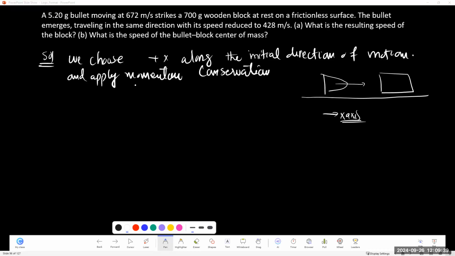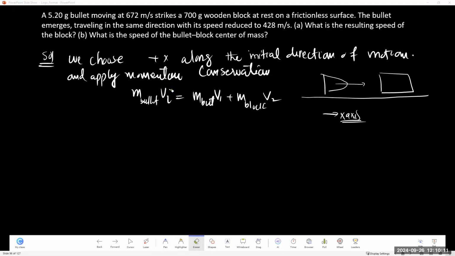And it's going to look like m bullet vi must be equal to m bullet v1 plus m block v2. I'm going to call them v1 and v2, which is more appropriate in this case.